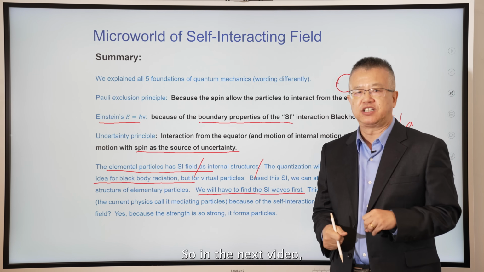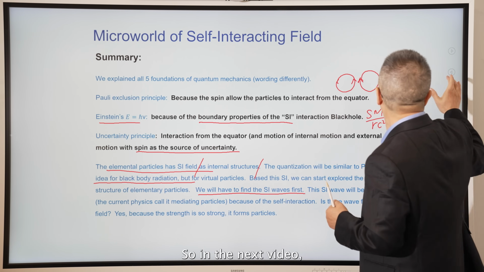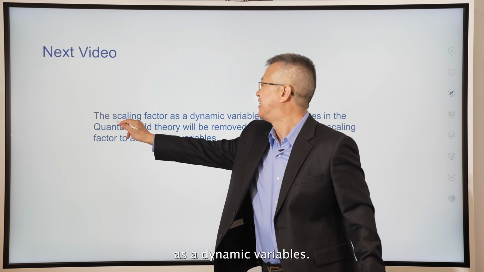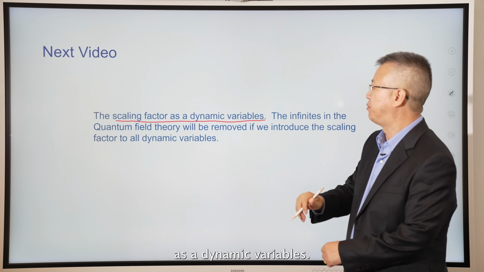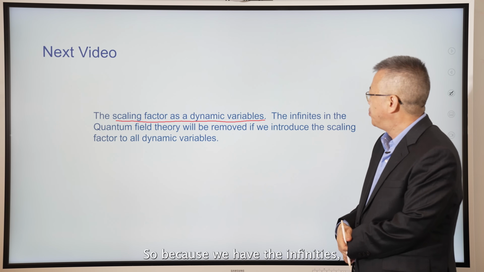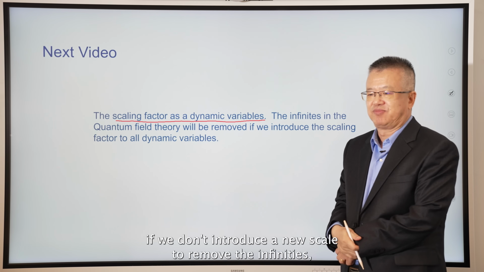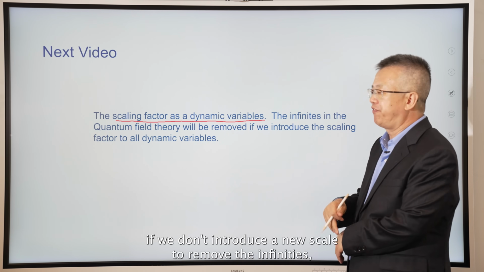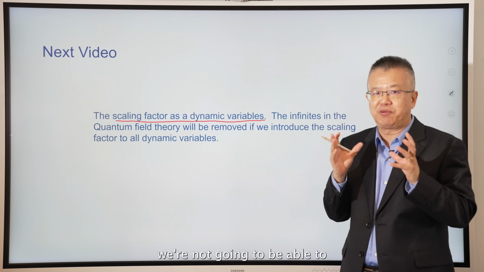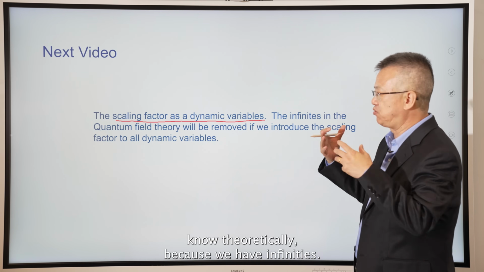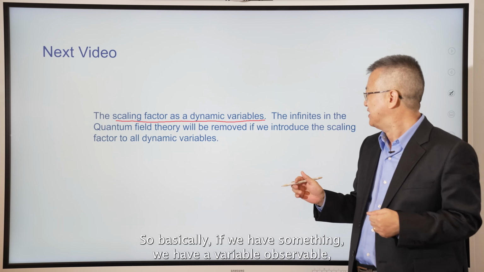Okay? So in the next video, we're going to talk about the scaling factor as a dynamic variable. What's that? Because we have infinities, if we don't introduce a new scale to remove them, we're not going to be able to know anything theoretically.